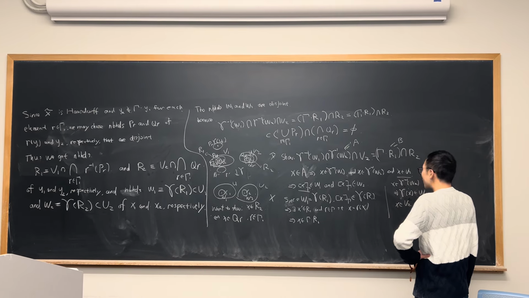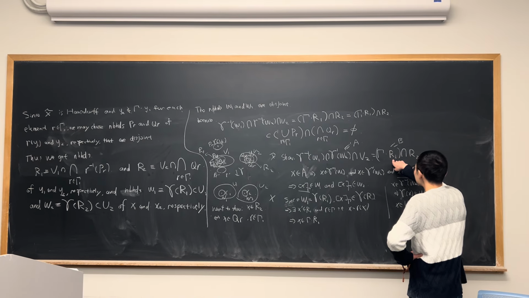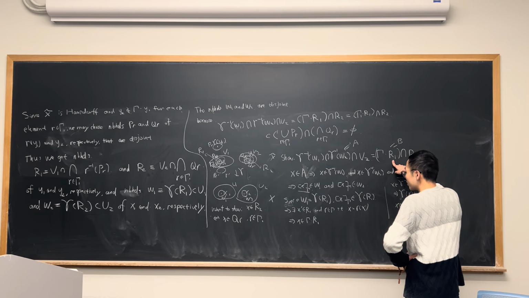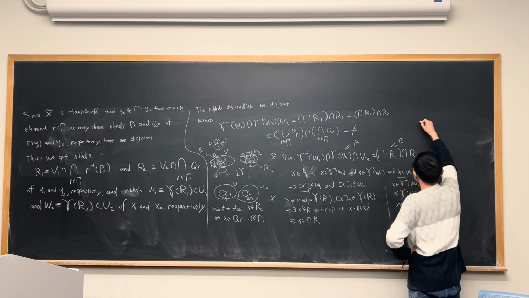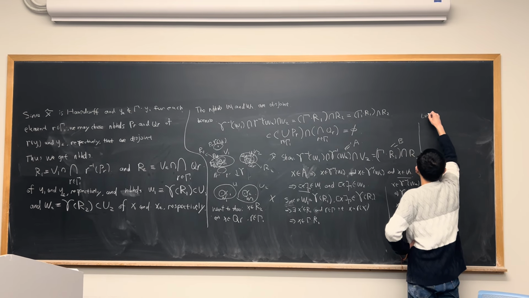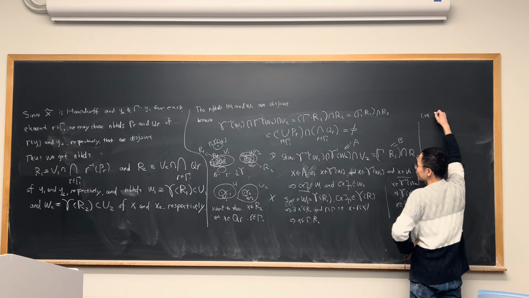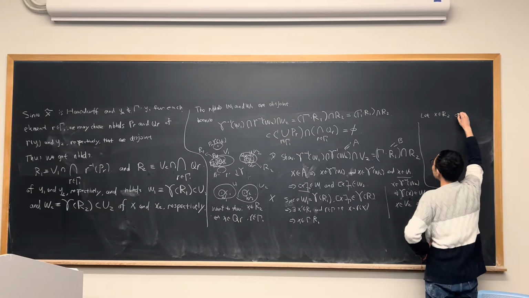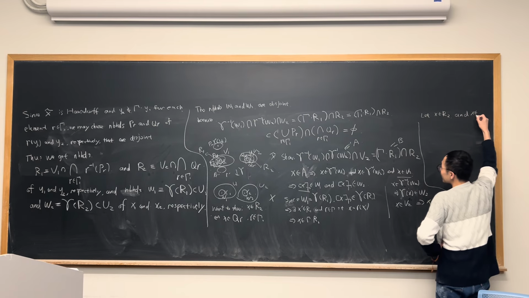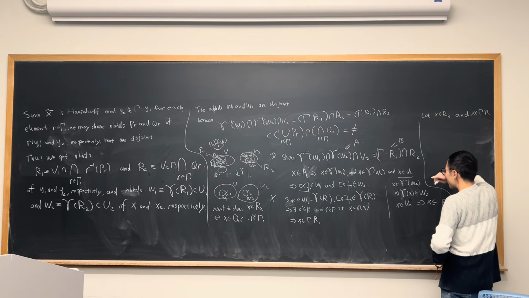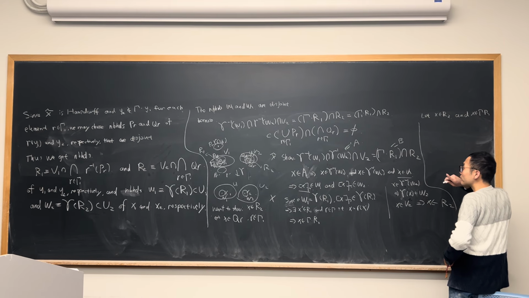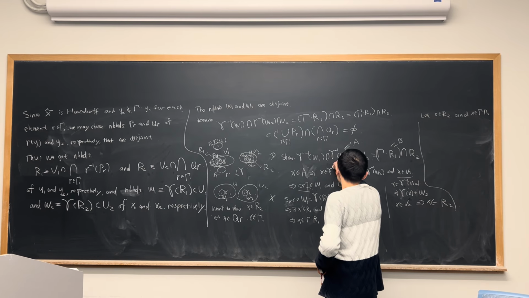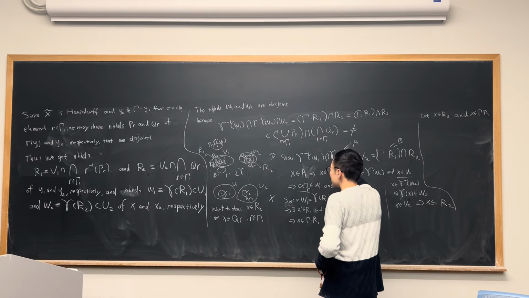if you have x in this R2 intersect this... Okay, so let... this just automatically implies that x is in W2, and then x is also in, sorry, x is in V2, and then x is also in gamma inverse of W2, right?